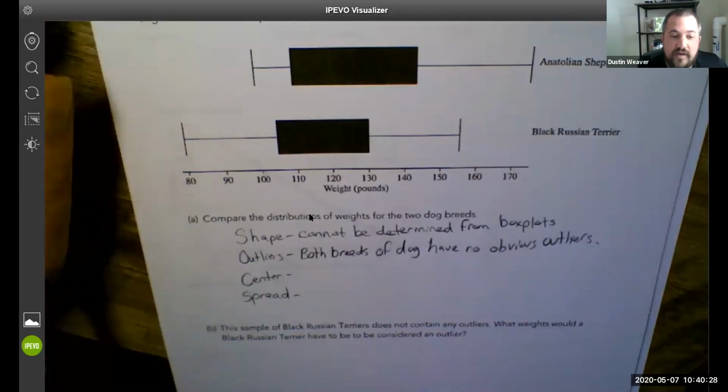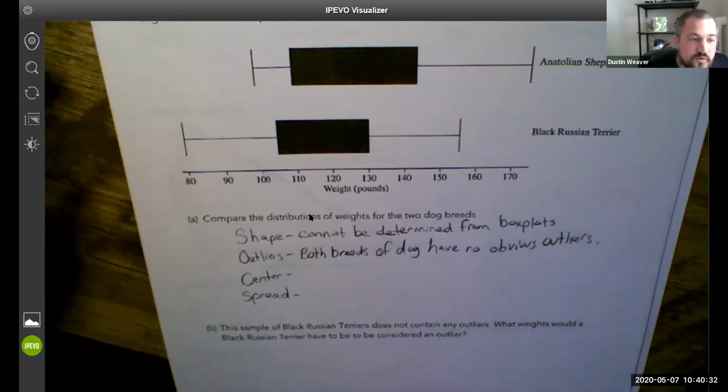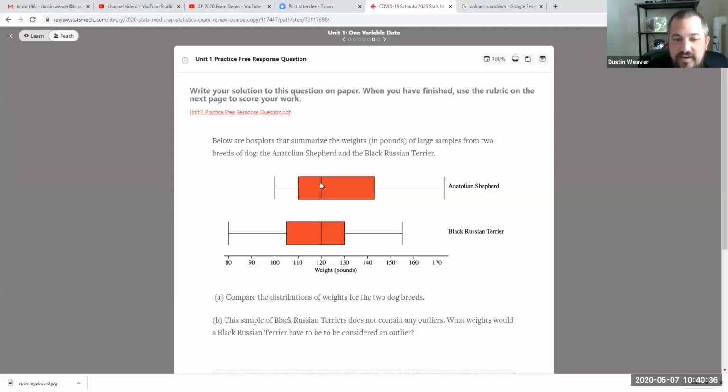Okay, so now we've talked about the outliers. Center, and you can't see this on your screen here, but if I take you to the computer, you can. The median, what would we say about the median for these 2 breeds of dog? Yeah, they're very similar.